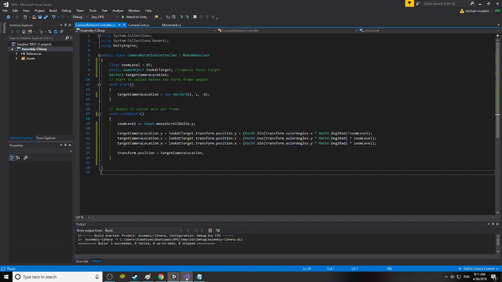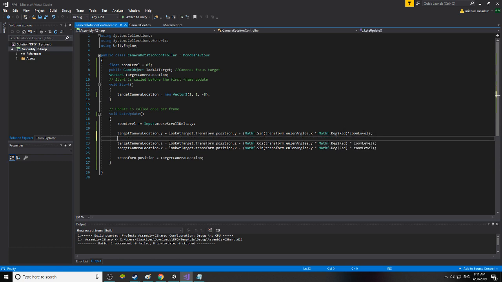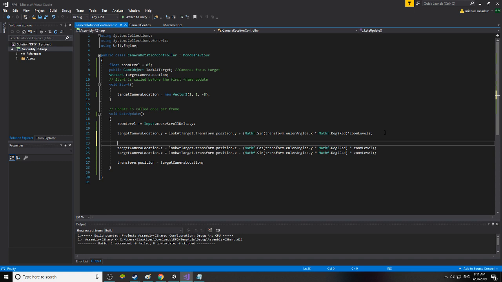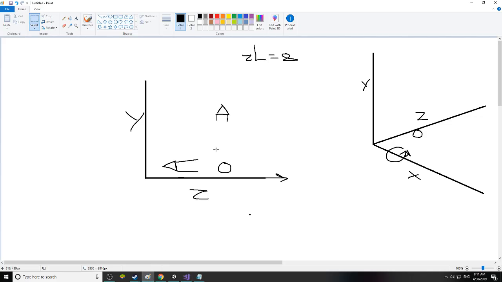That part's not too hard. Basically, we don't need to touch this line. That's solid. We're going to be doing some rotations on that x-axis, and what we need to solve for is how far in the y and how far in the x. I'll just draw it on this.